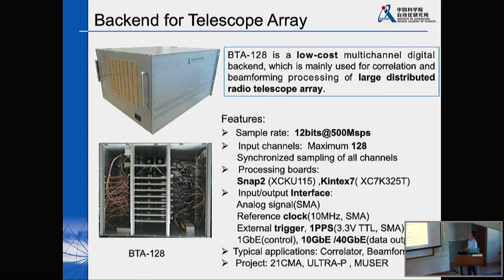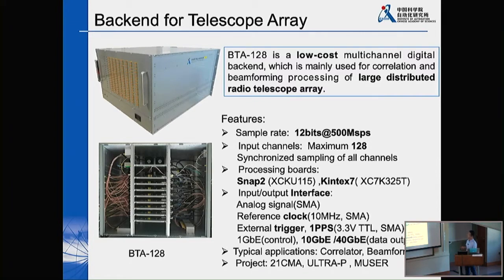Backend for telescope array. BTA128 is a low-cost multi-channel digital backend. You know the budget is always inadequate, so low cost is very important. This backend is mainly used for correlation and beamforming processing of large distributed radio telescope arrays.